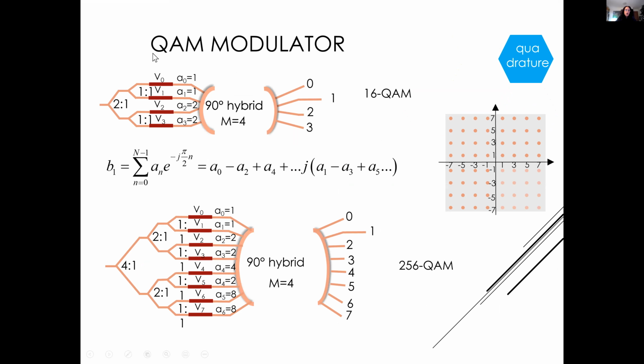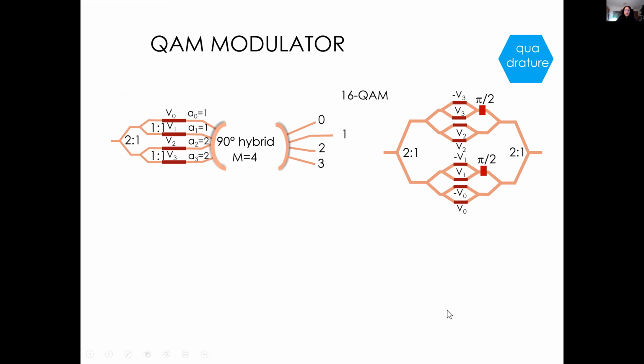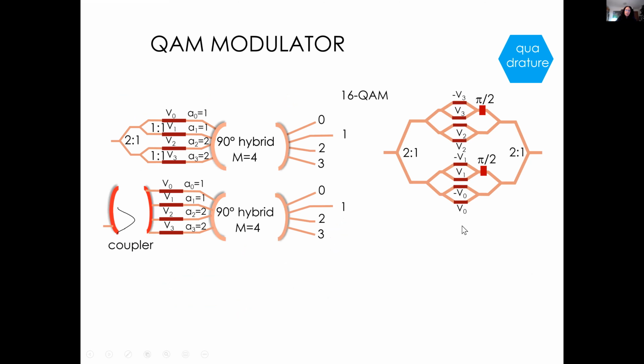Basically, it needs only some phase shifters, and this system is much simpler than a conventional 16 QAM modulator that requires 4 Mach-Zehnder interferometers in parallel.